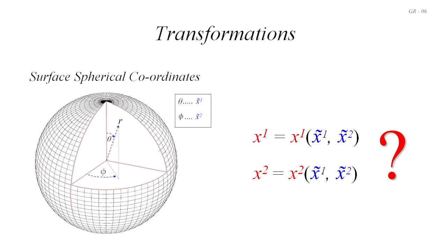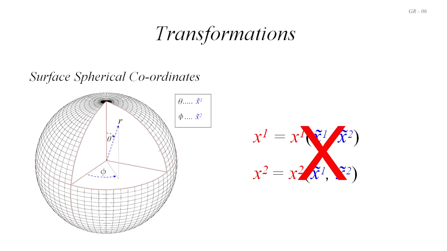If we could, then we could say that this is really a flat space which has simply been bent or flexed into a sphere. But of course we know that in practice you cannot flatten a sphere out. And so it should be no surprise that however hard we might play around with the mathematics, we cannot find a set of equations that will convert from the theta phi system to a simple Cartesian system, in other words from the blue x tilde system to the red x system.